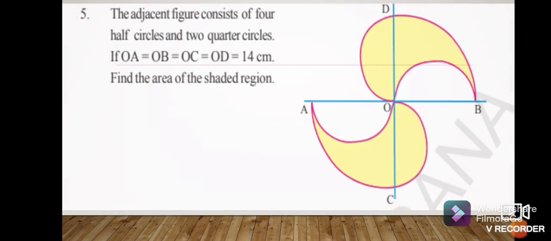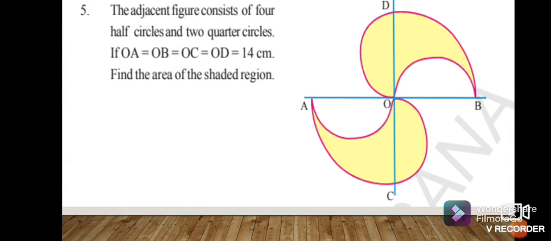Next, again same type. The adjacent figure consists of 4 half circles and 2 quarter circles. Okay children, given that OA is equal to OB is equal to OC is equal to OD is equal to 14 centimeters. Indirectly they give the radius again.